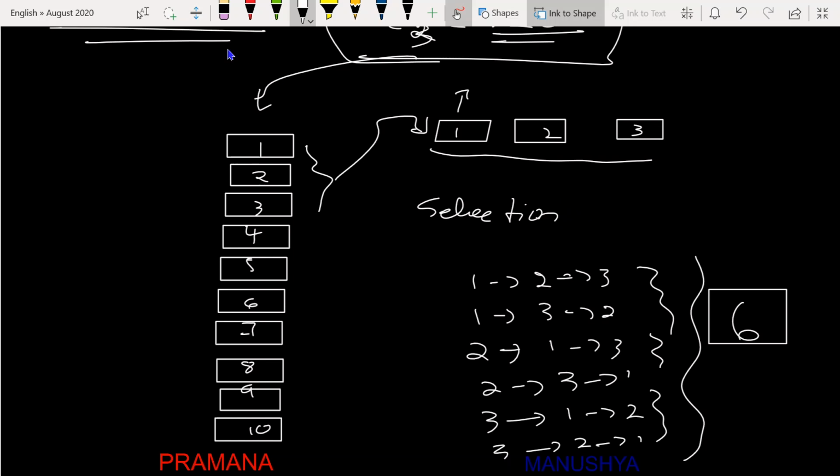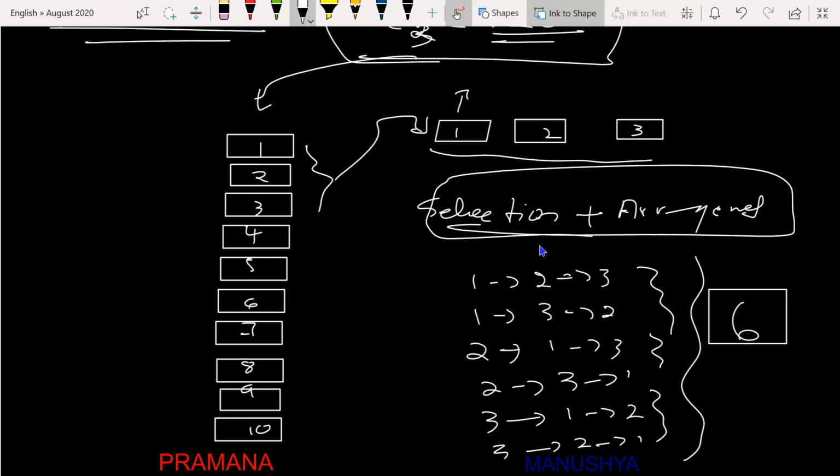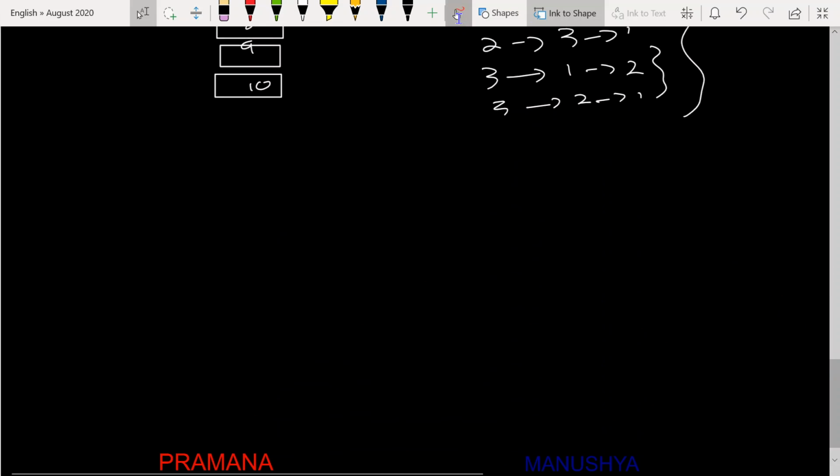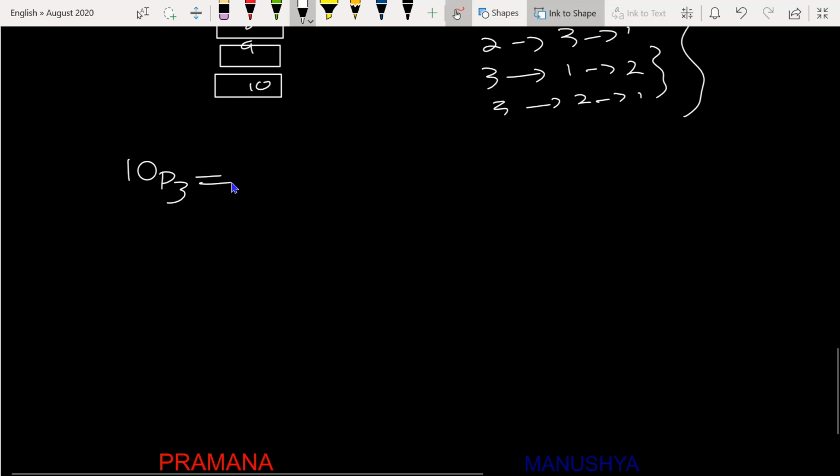So what does permutation mean? Permutation means selection plus arrangement. So numerically here, out of 10 objects you have to arrange 3. So it will be what, my dear friends?